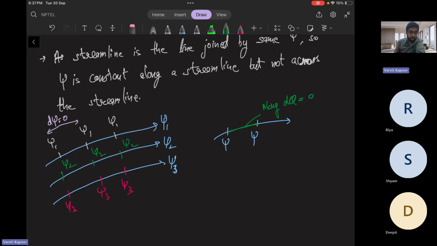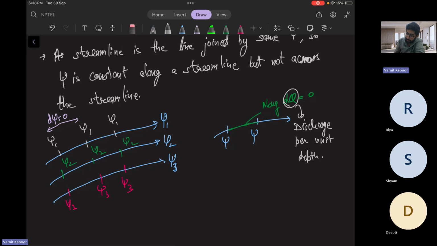Along it is zero. So this is nothing but the discharge per unit depth, since my psi is defined only for 2D flow, because the z direction is zero.